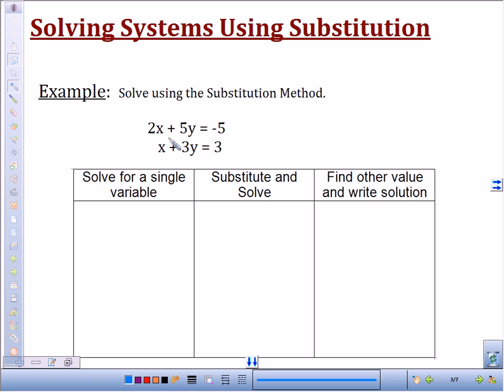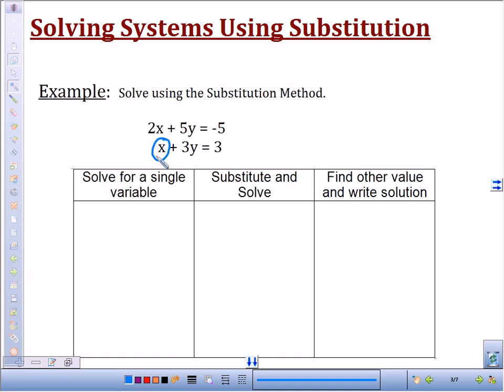For instance, in this system, solving for this x would be easier than solving for anything else. Solving for this x would require me to divide by 2. Solving for this y would require me to divide by 5. And solving for this y would require me to divide by 3.